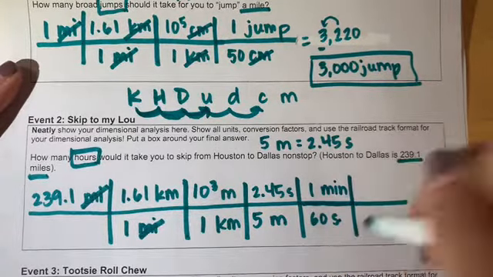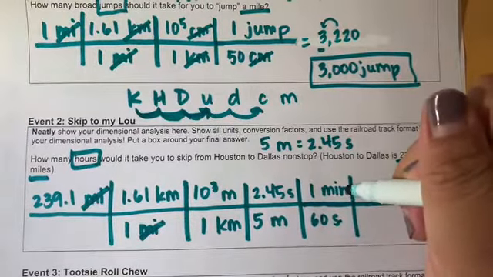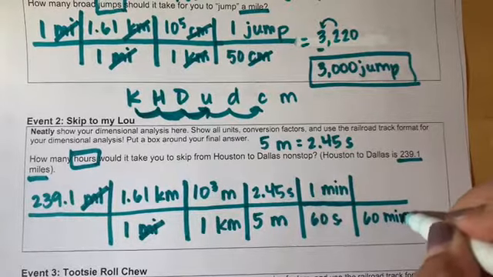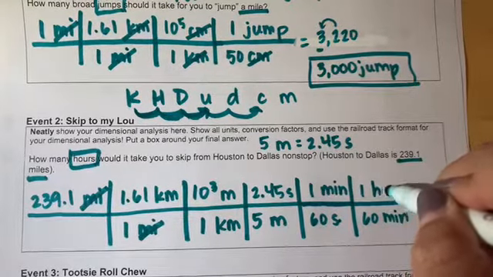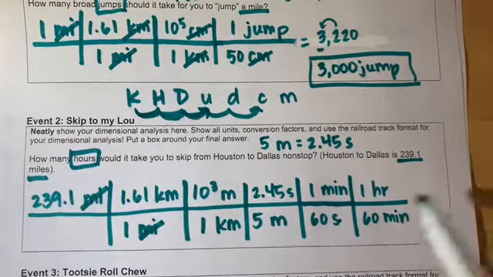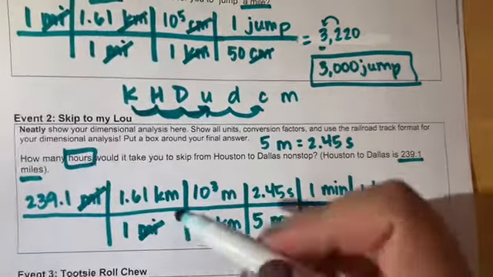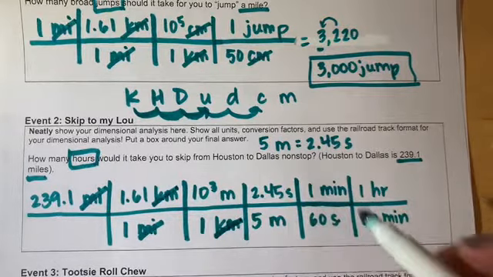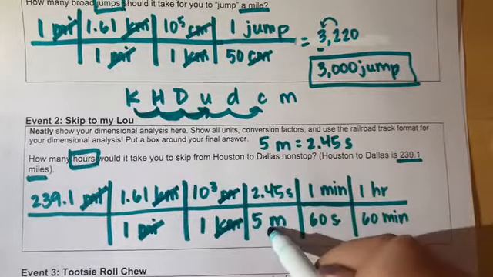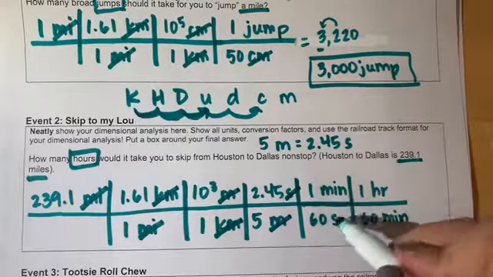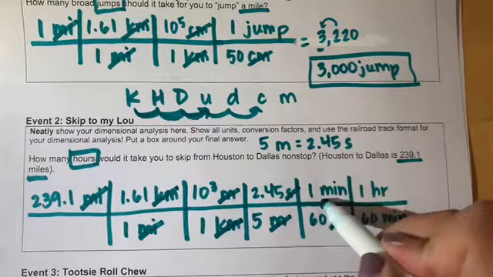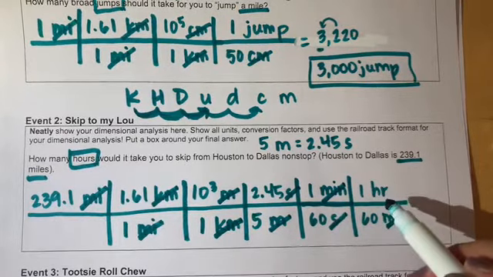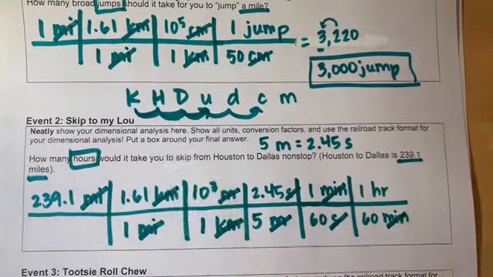Then to convert minutes to hours, we know that there are 60 minutes in 1 hour. If I go back, kilometers cancels out kilometers, meters cancels out meters, seconds cancels out seconds, and minutes cancel out minutes. The only unit left is hours, which is exactly what we're looking for.